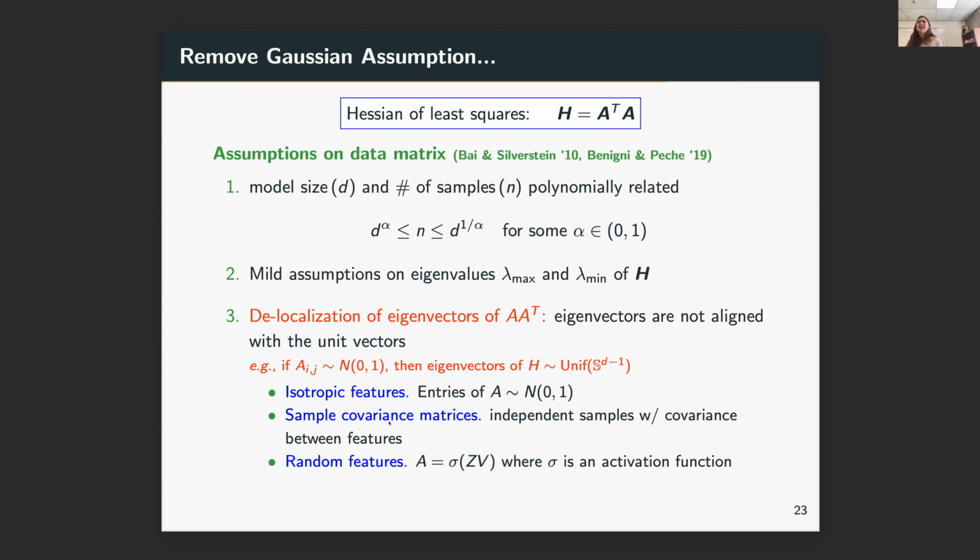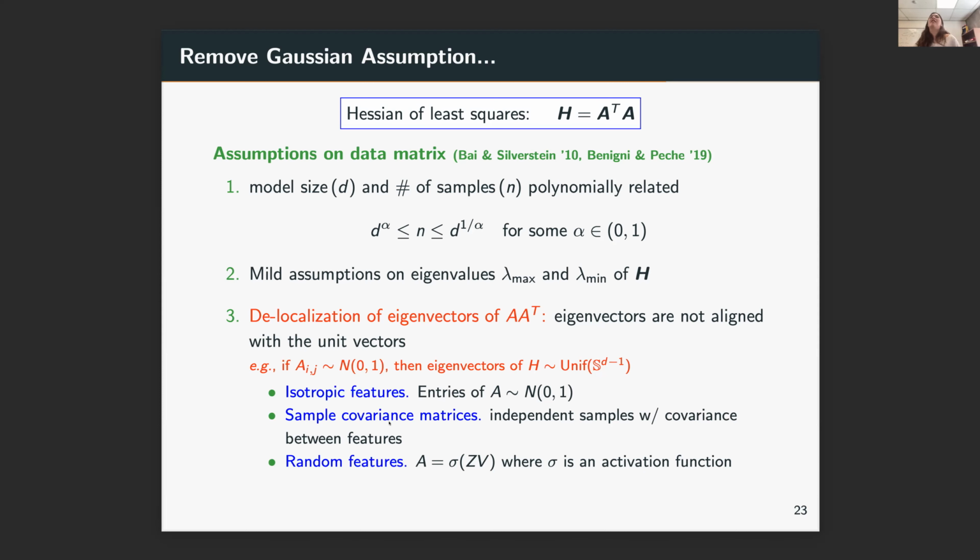This means that the eigenvectors are not aligned with coordinate axes, so you don't have concentration in certain directions. The eigenvectors of A transpose A are spread out. The classic example: you take an A whose entries are normally distributed, then if you form the matrix A transpose A, its eigenvectors are uniformly distributed on the sphere.